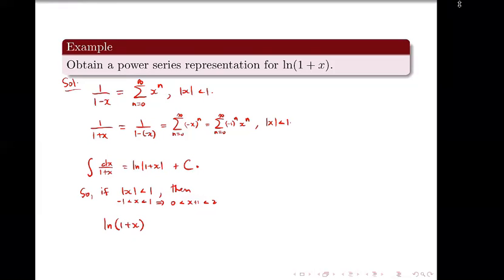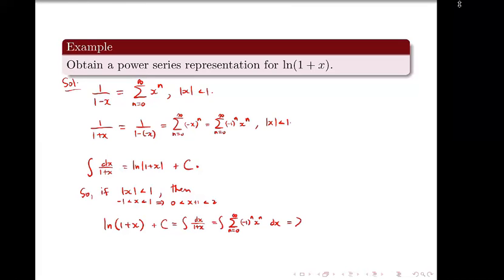But anyway, you have ln of 1 plus x plus the arbitrary constant c. This is the integral of dx over 1 plus x. But as a power series now, this is just the integral of the power series from 0 to plus infinity, negative 1 to the n, x to the n, dx.